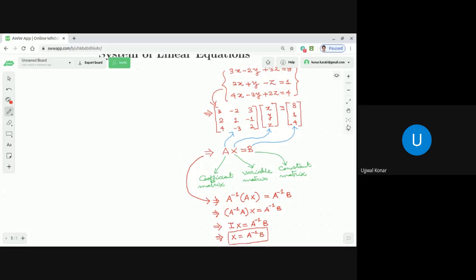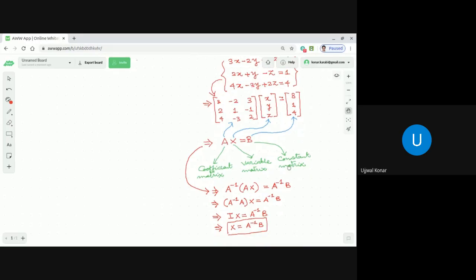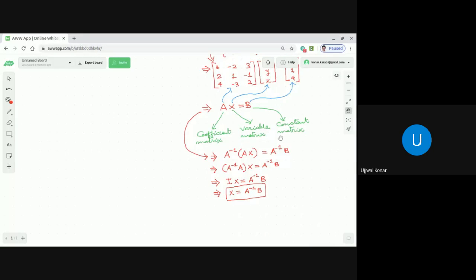Because once you get A inverse and multiply it with the matrix B, you will get a column matrix. That column matrix is equal to the matrix X, and we will find the values of x, y, z. So in this way, we can find the solution using the matrix method.